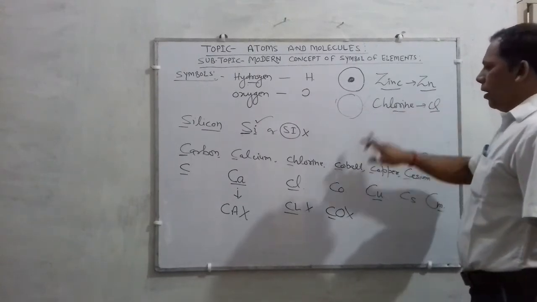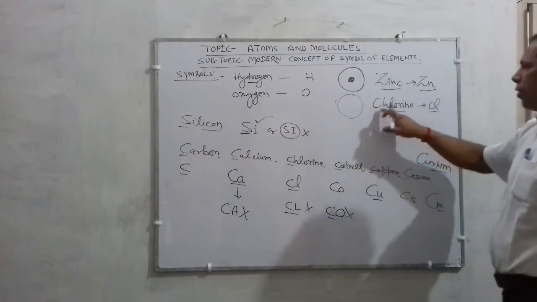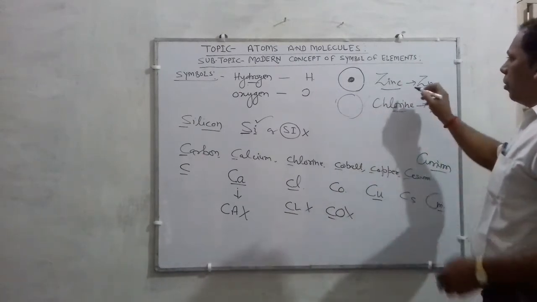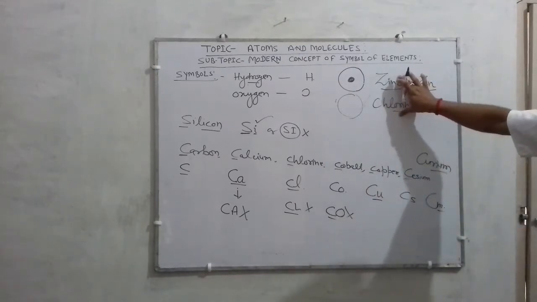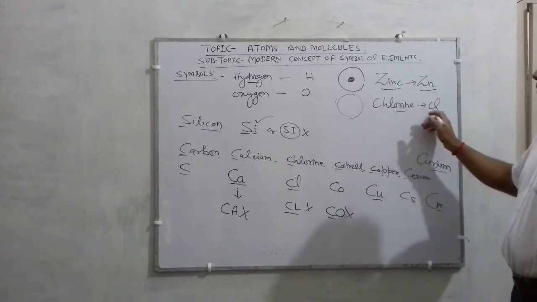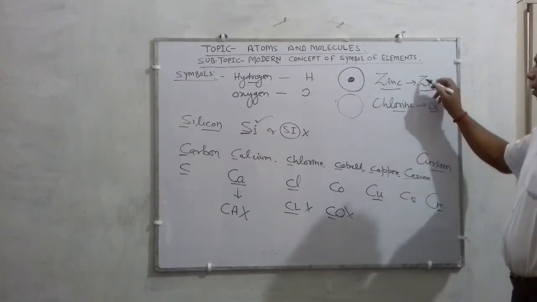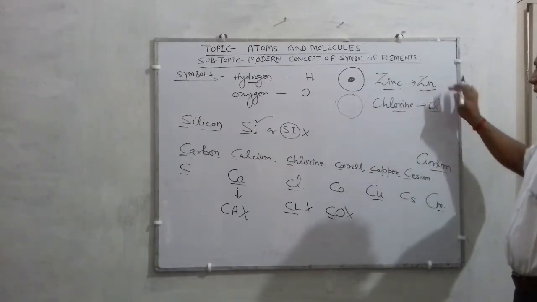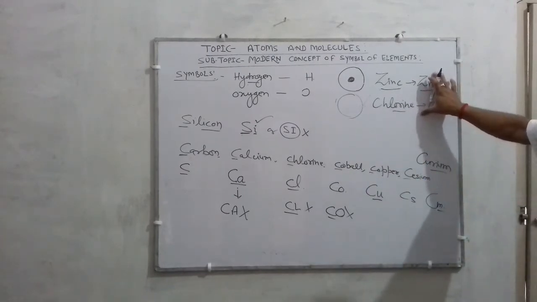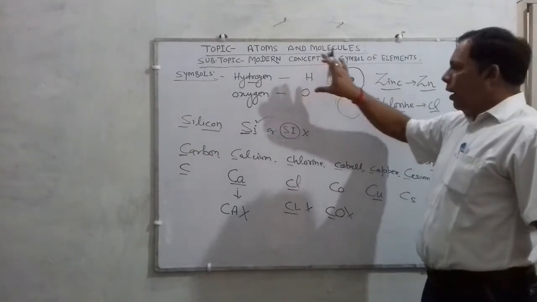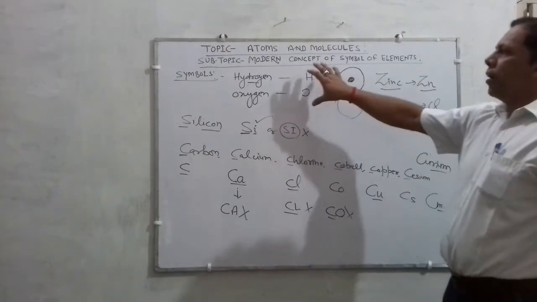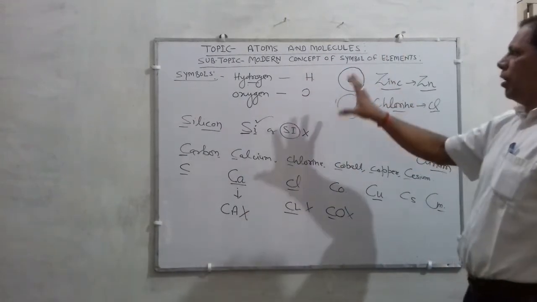So the first and second letters that come right after each other are not written in some of the elements. So you must remember there are some anomalies also. Zinc symbol is Zn, chlorine symbol is Cl, in which the first letter is capital and the second letter is small. This is the way of representing the symbol according to the modern concept, also known as the IUPAC recommendation for representing the symbol of a particular element.